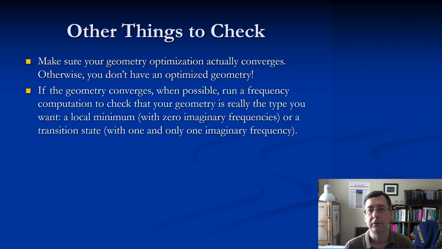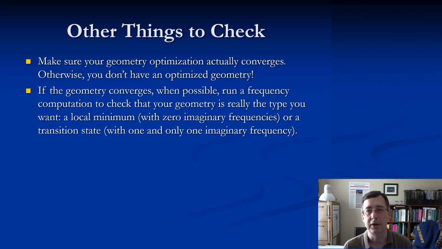If the geometry does converge, you might want to check that it's a good convergence to an actual minimum, assuming you're looking for a minimum. And you can do that by running a frequency calculation. And if you are trying to find a minimum, you want to verify that you have all real vibrational frequencies. If you do, then you're at a minimum, and that's great.